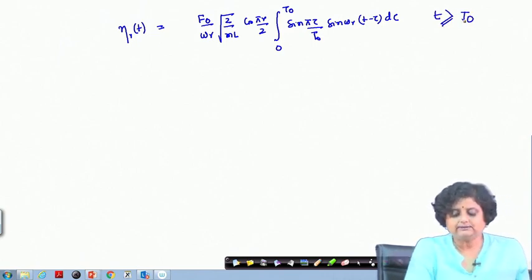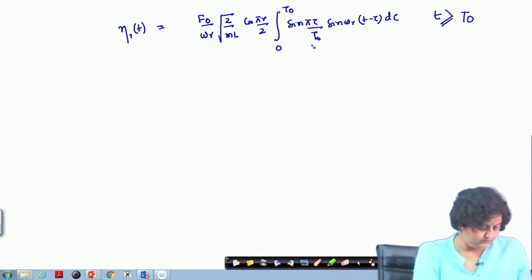So, now all the terms in this integral are known to me and we can solve this integral.